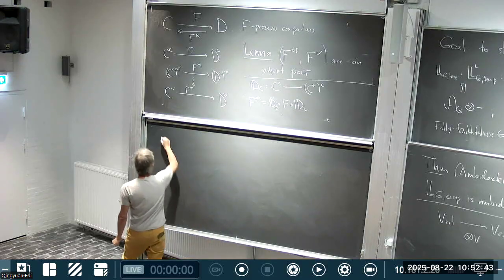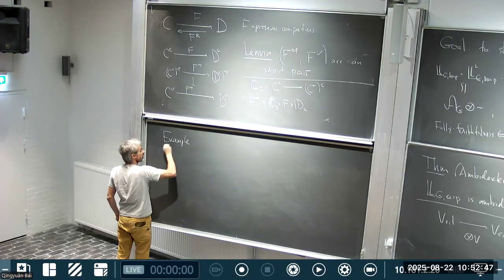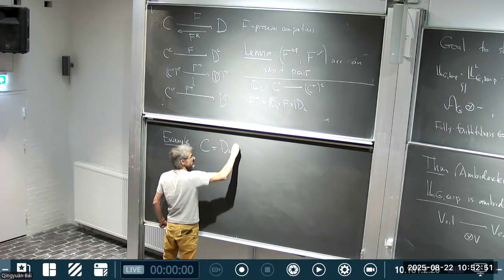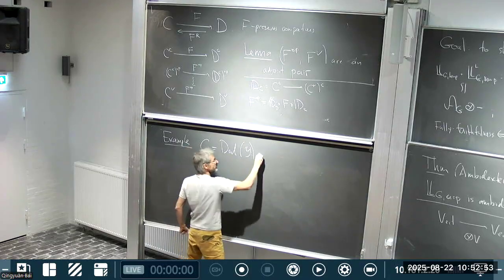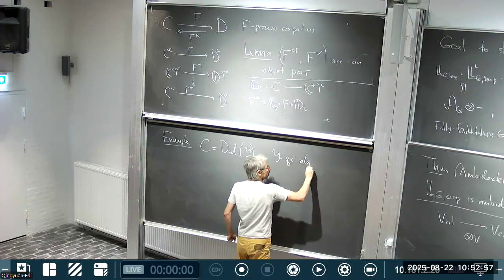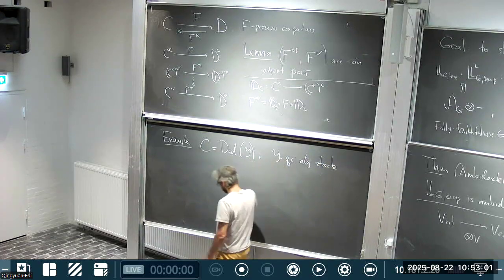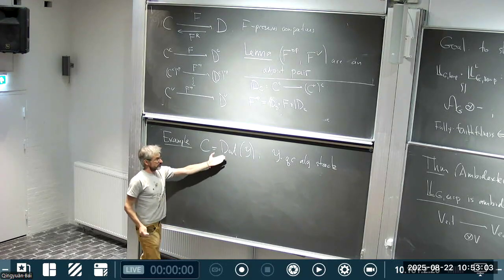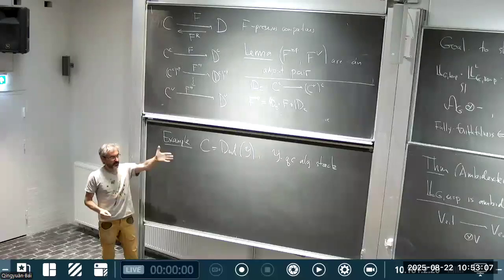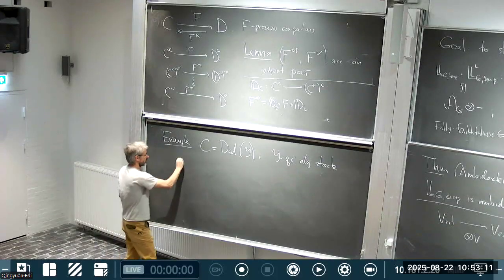Now, the example that we use the whole time. Suppose C is the category of D modules on some quasi-compact variety. In this case, the category is compactly generated, but it's actually self-dual, so C check is isomorphic to C, and I will tell you what this duality datum is.